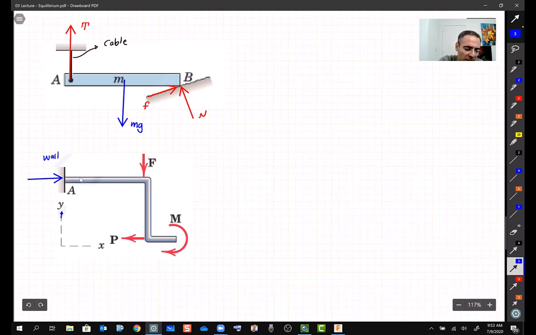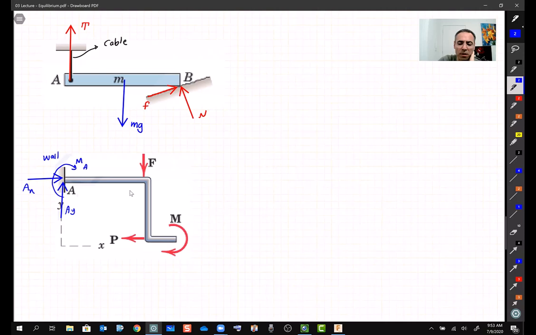We cannot move it up and down, and also we cannot bend it. So in fact, I have here Ax, Ay, and MA, like a couple or a turning resistance at point A, which we need to find out also.